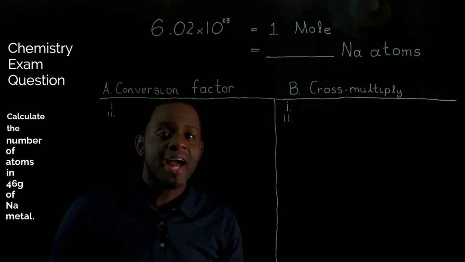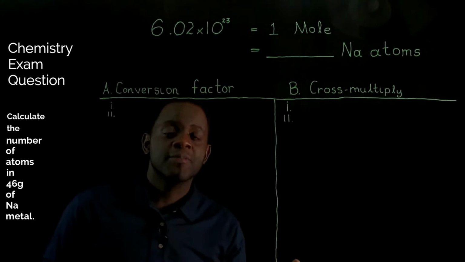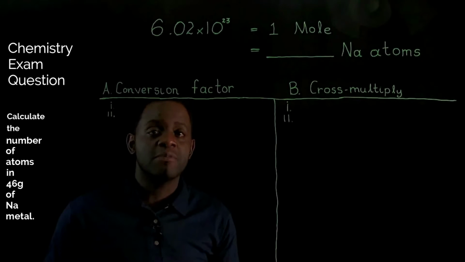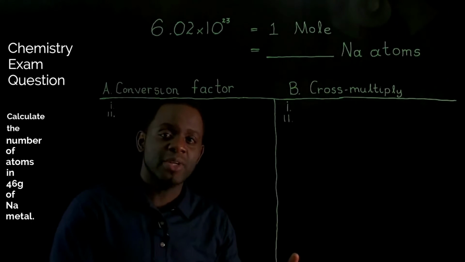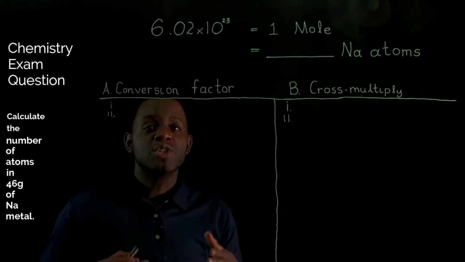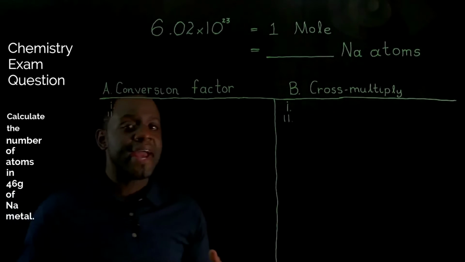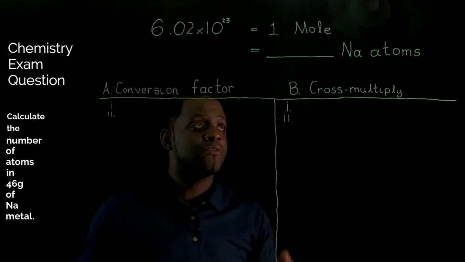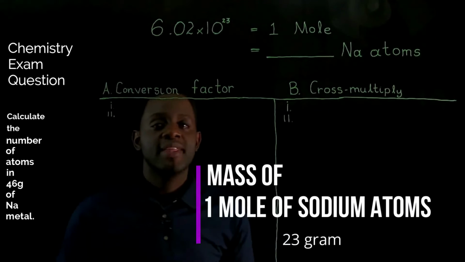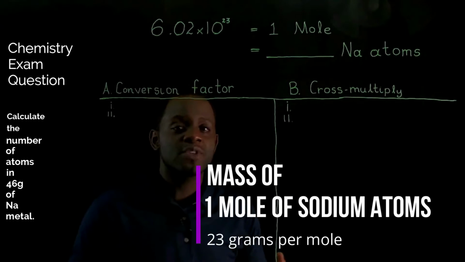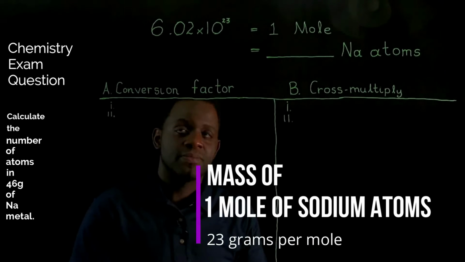The carbon-12 isotope has atomic mass unit 12, and to get the number of moles, we simply change atomic mass unit to grams. So, if we look in the periodic table, we will find that the atomic mass unit for sodium is 23. So the mass of 1 mole of sodium atoms will be 23 grams.